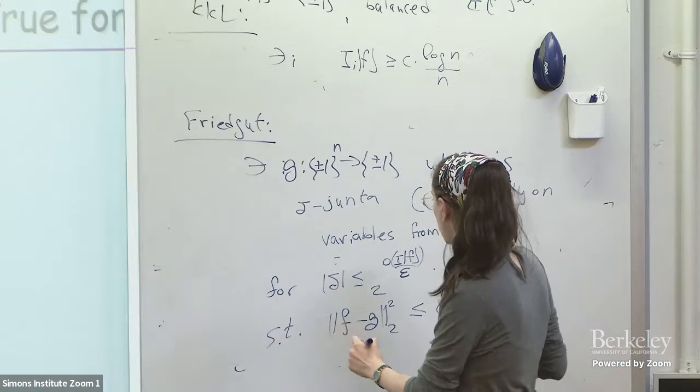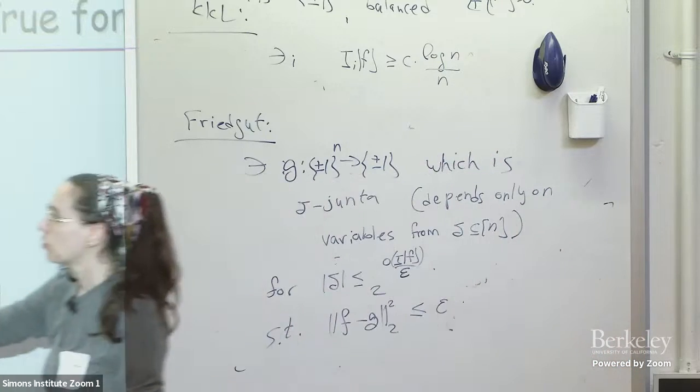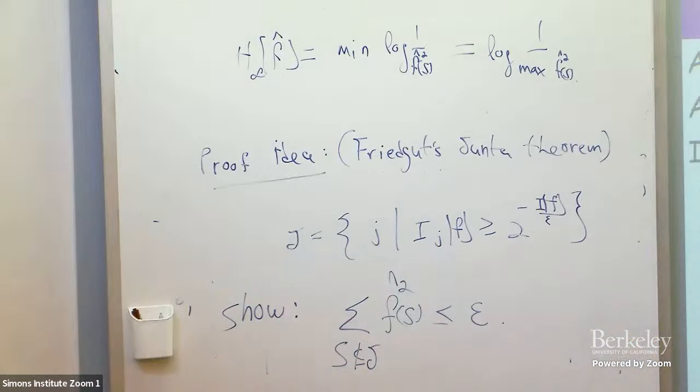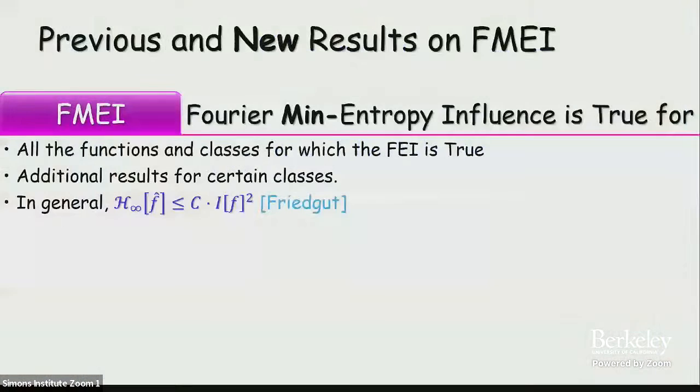So you can see that we have at most exponentially many variables that have a large influence. Now how can we see the min entropy from here? There is another thing that I need for this.